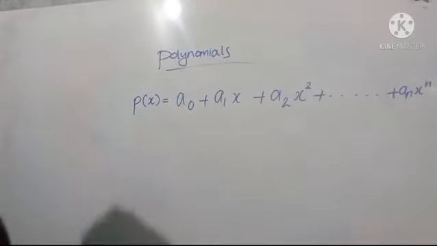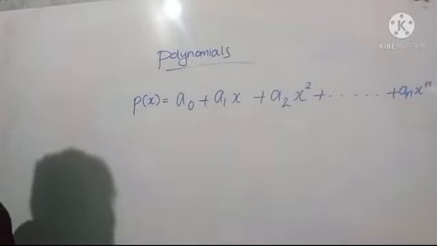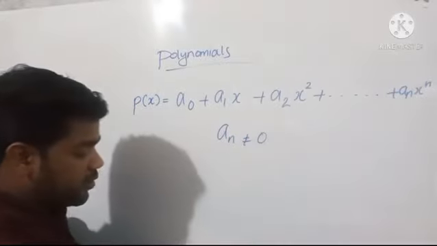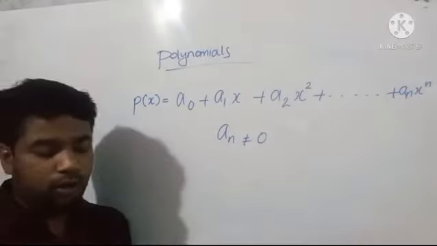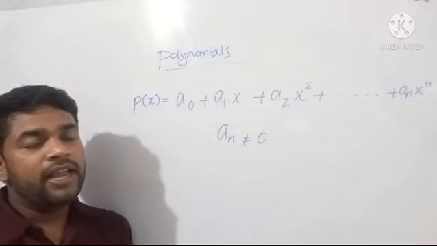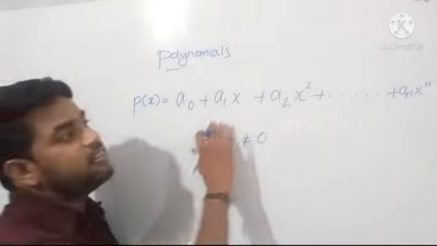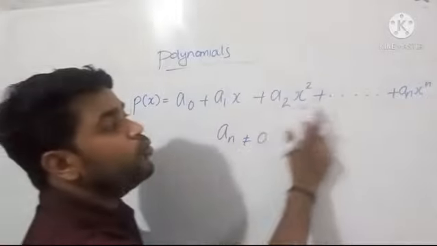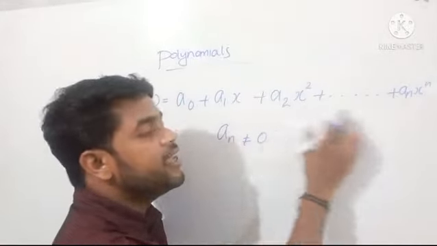This is a polynomial. The condition is that an is not equal to 0, and it is called a polynomial in x of degree n. So this is the nth degree polynomial, and here a0, a1, a2, etc. up to an are any real numbers.